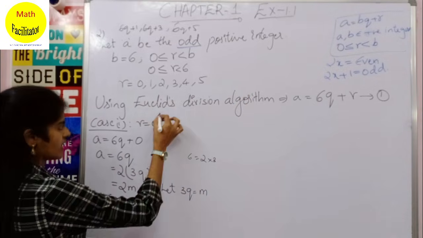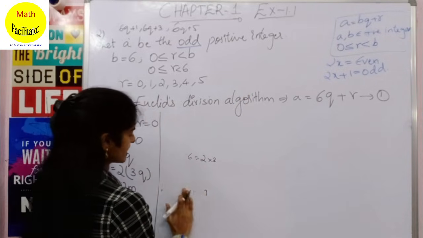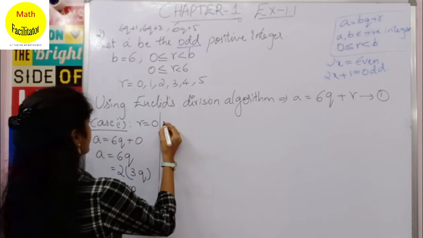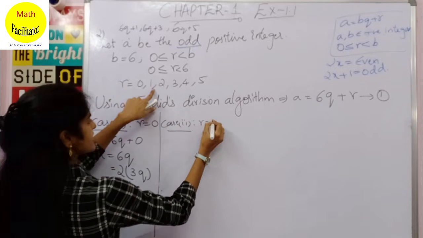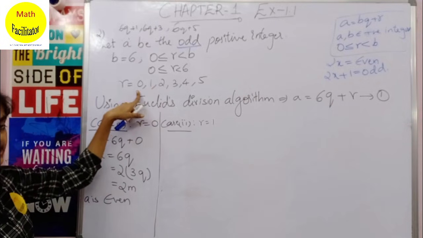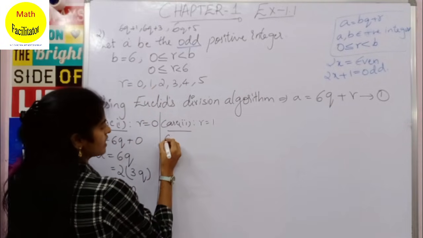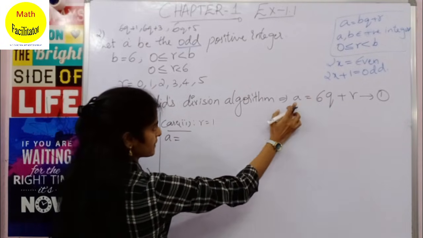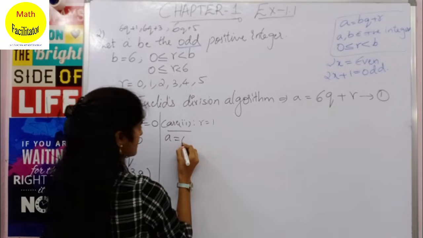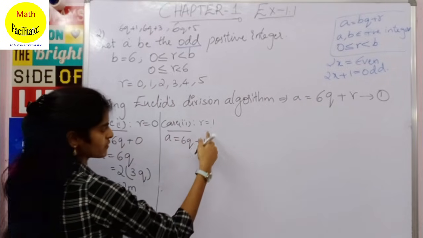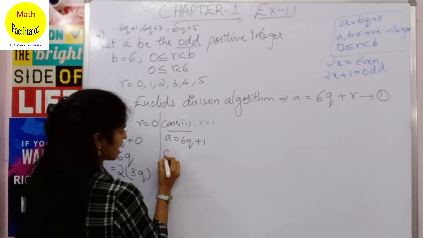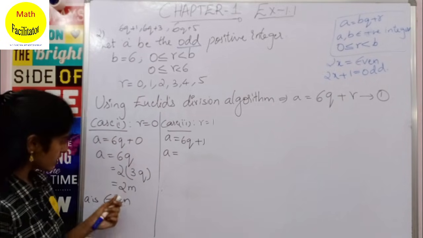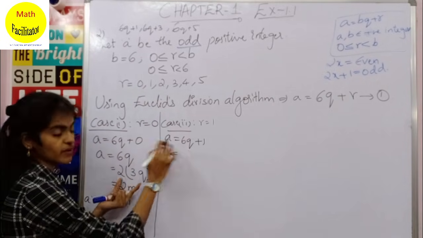Clear? So now let us take the next case. In case 2, what will you take as the value of r? r is 1. You have finished 0, now you will take r as 1. So equation 1 will become a is equal to 6q plus 1, since r is 1, you substitute 1 here. Now I can write it similarly, changing it into multiples of 2.